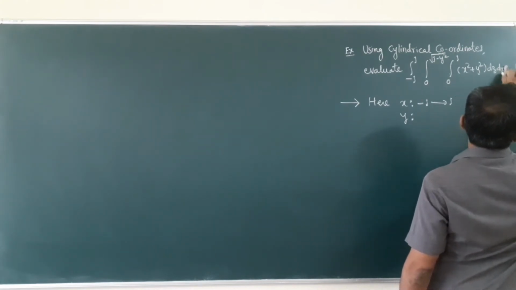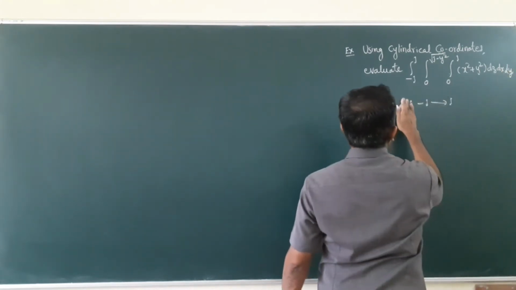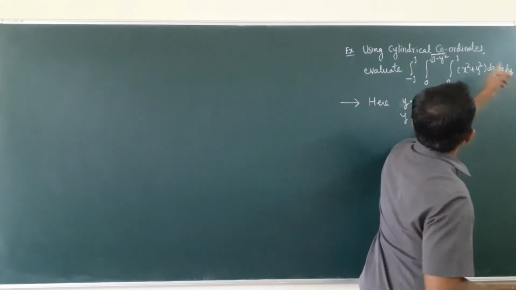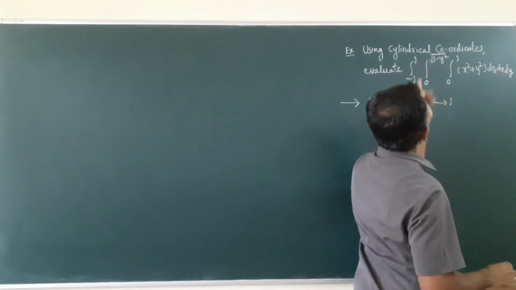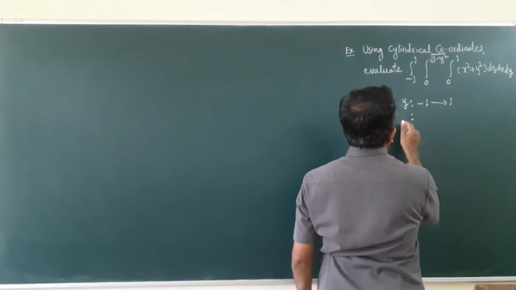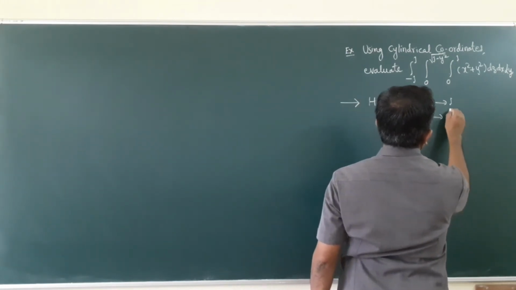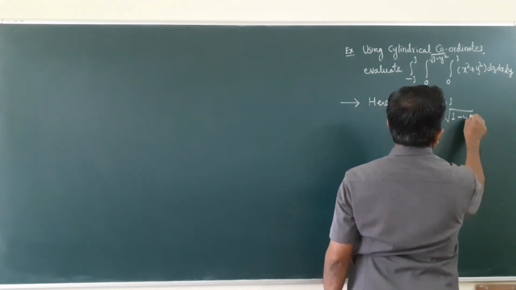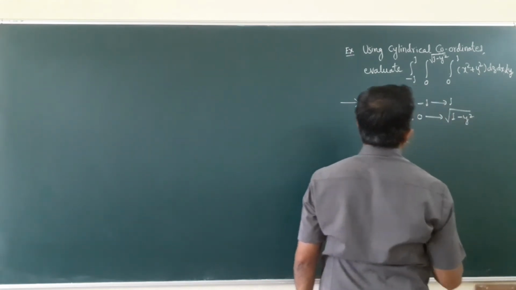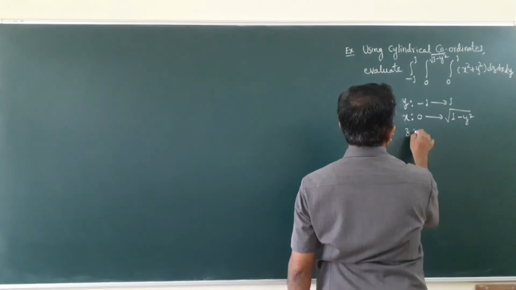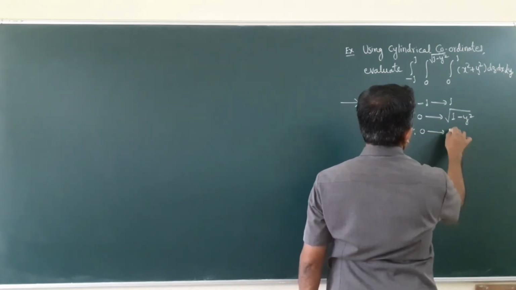So dx dy. So here the outermost limits are of y. So y runs from minus 1 to 1. Then x runs from 0 to root of 1 minus y square, and z runs from 0 to 1.